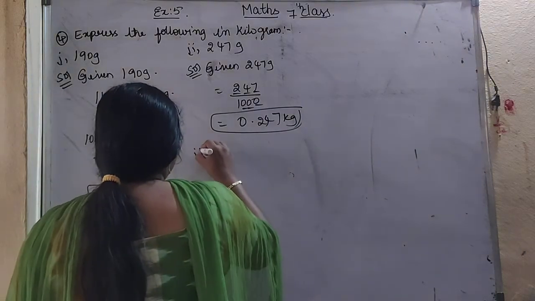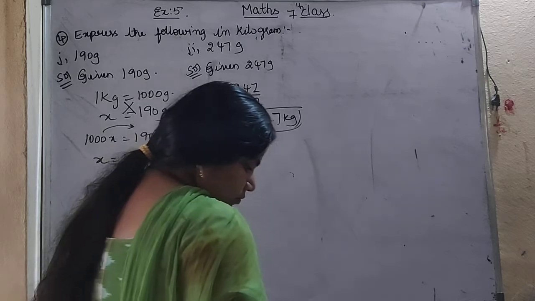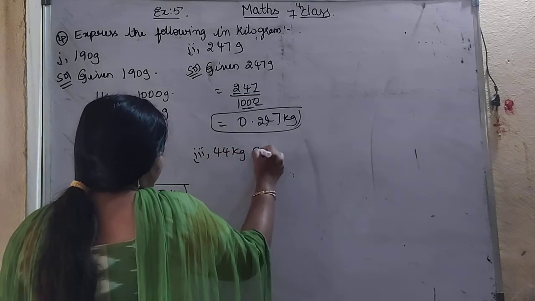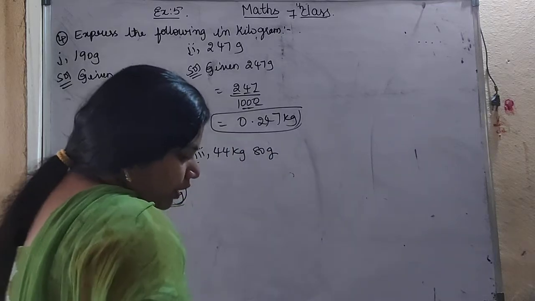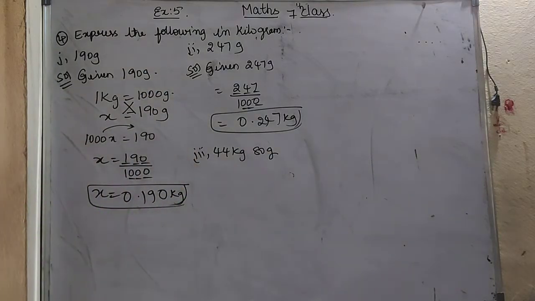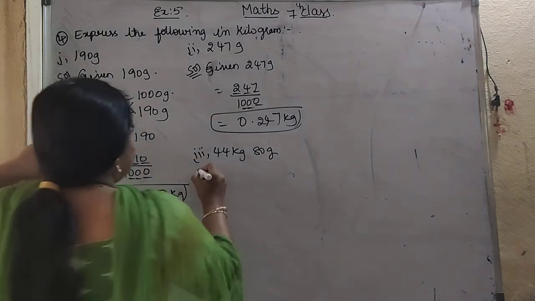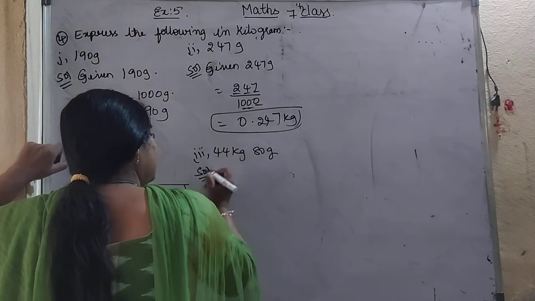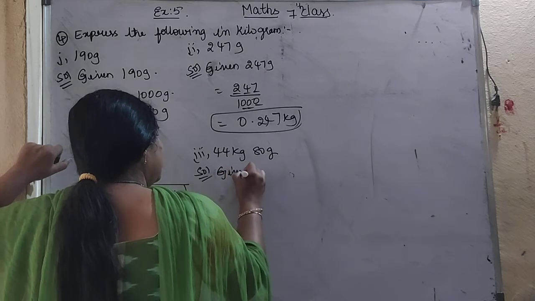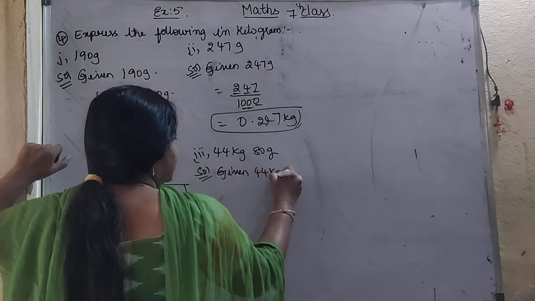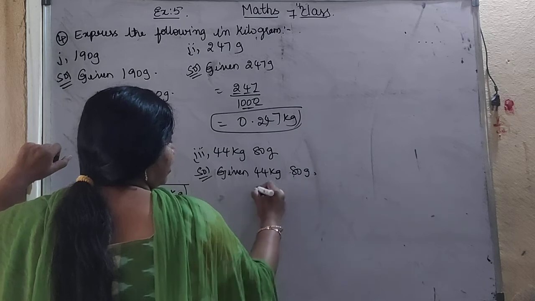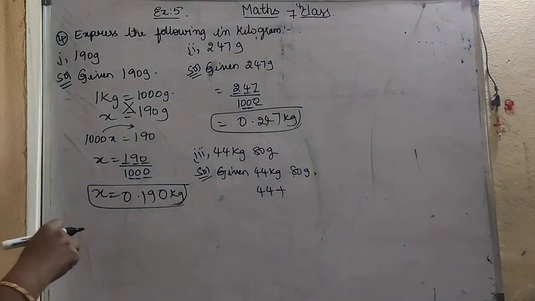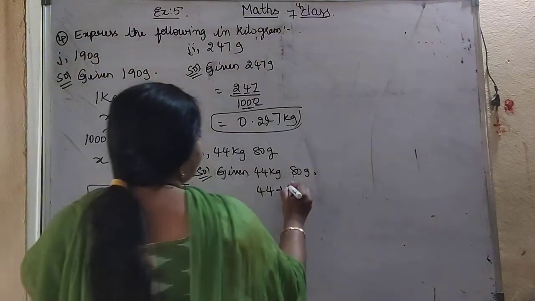Okay, next, the third one: 44 kgs, 80 grams. It is already in kgs, no need of conversion, only the grams we have to convert. So we can write it as 44 plus 80 grams, and we convert the grams into kilograms by dividing by 1000.